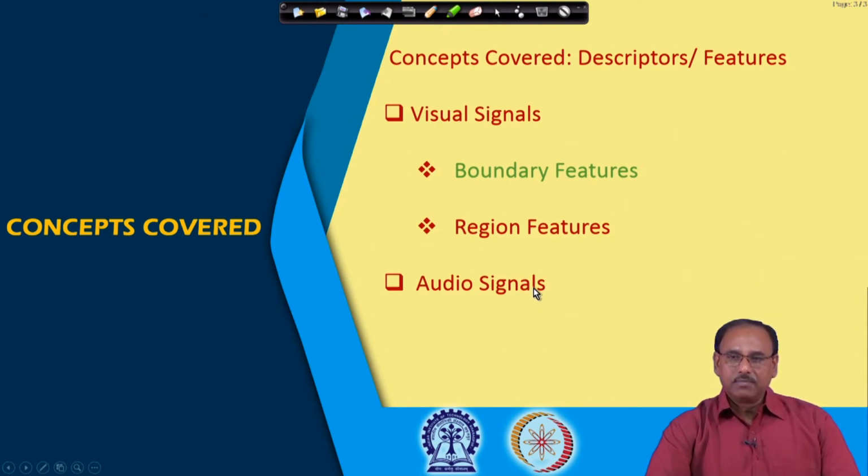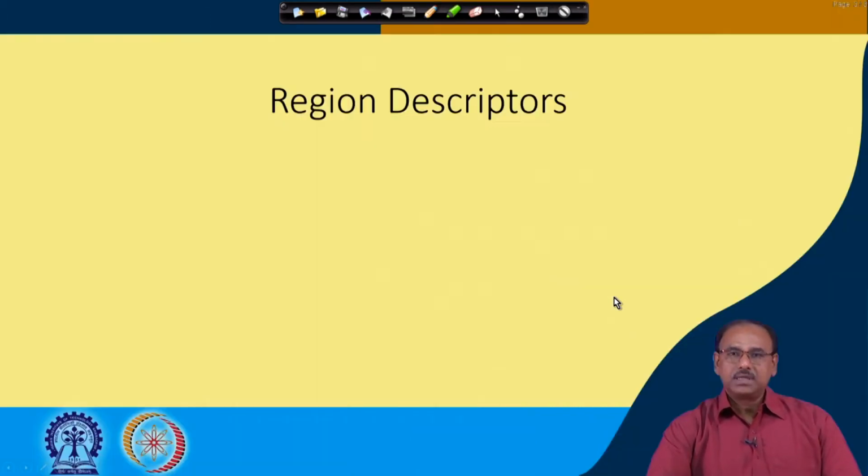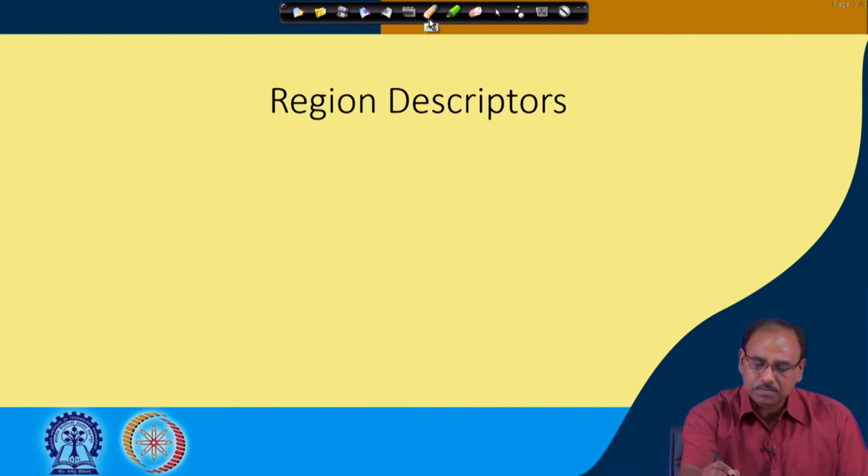So, for that I also need to understand how we can extract the discriminating features or descriptors from the audio signals, using which I can have different applications like speaker identification, speech to text conversion and all that. Firstly, I will talk about the region descriptors, how we can obtain them.